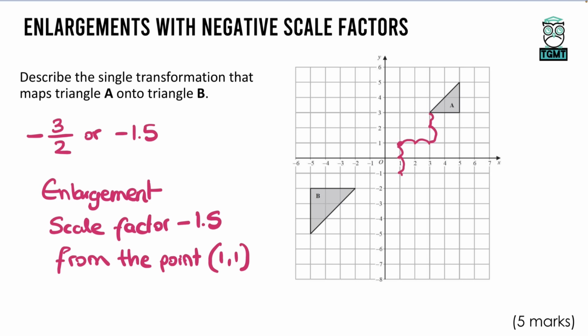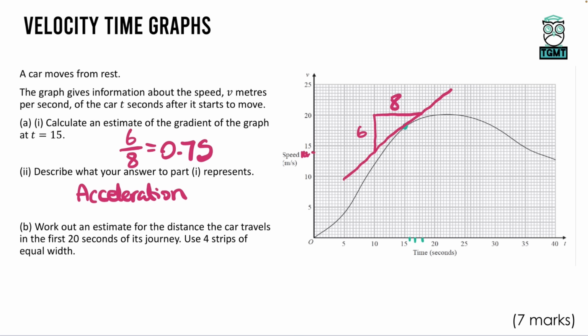We just do exactly the same through the point, so 1, 2, 3, 1, 2, 3. And you just repeat that for every single point. You'll find that all 3 of those line up with triangle B there, and then we would draw it in. So that's how we describe an enlargement with a negative scale factor. A very quick explanation now on how we actually do the enlargement ourselves also.